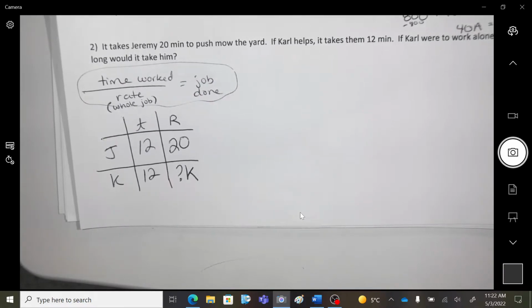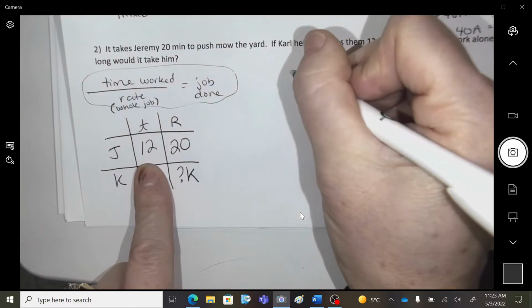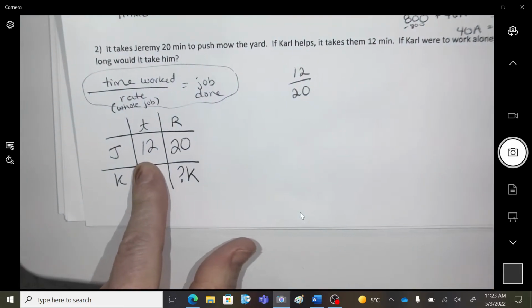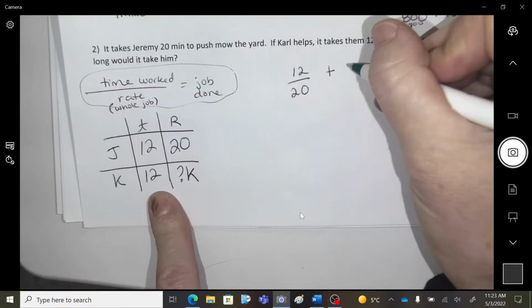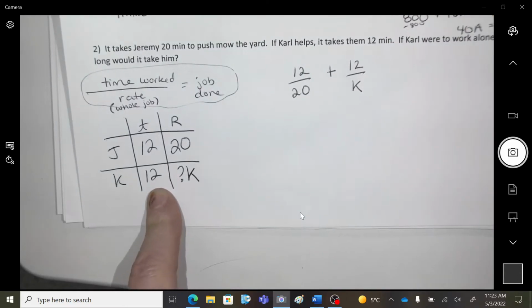Okay, so here we go. Time over rate. So Jeremy will complete 12/20ths of the job, plus Carl does 12/8ths of the job.